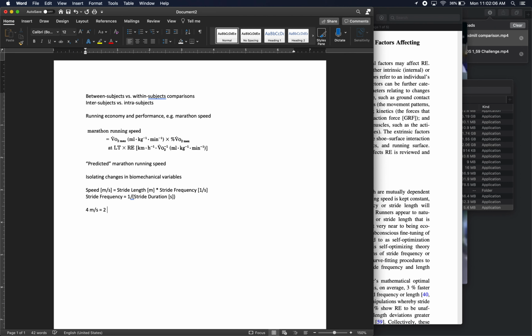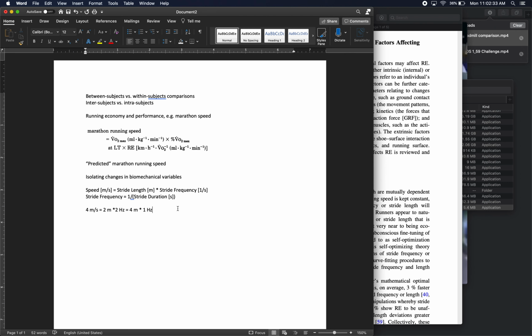I could do it with a stride length of 2 meters and a stride frequency of 2 hertz, or with a stride length of 4 meters and a stride frequency of 1 hertz, right? Any of infinitely many different, subtly or drastically different, combinations of these two values could multiply together to give me this 4 meters per second running speed.